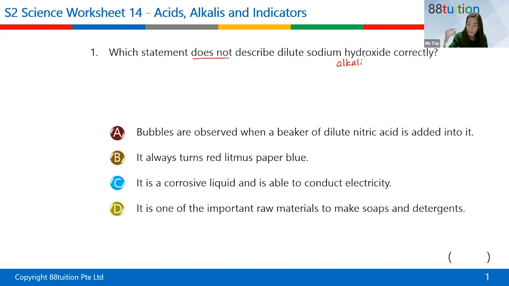So we know that things about alkali are, they turn red litmus paper blue. This happens all the time. Okay, they are corrosive. Okay, they can conduct electricity.